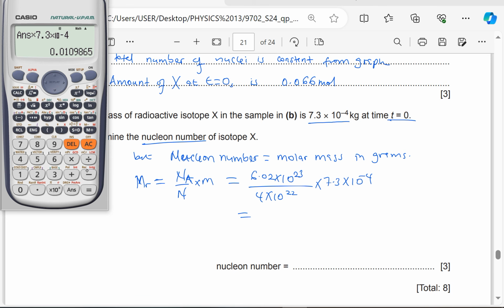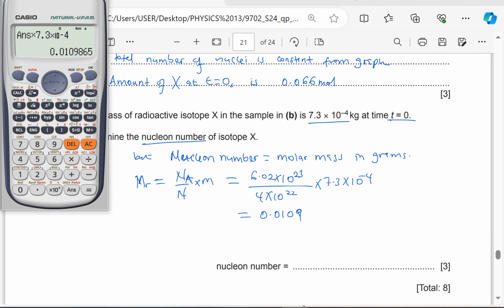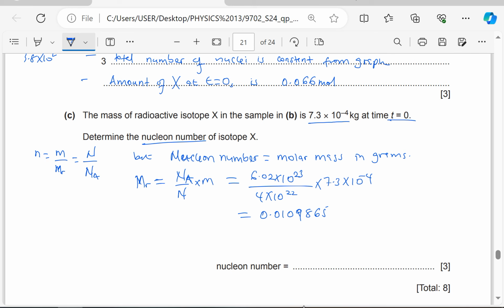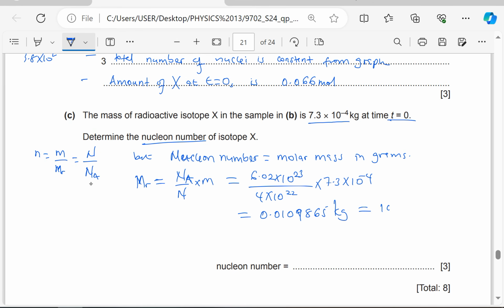So this is 0.0109865 in kilograms, which is the same as, I'll multiply this by 1,000 to change it to grams, 10.9865 grams, which is approximately 11. So the answer is going to be 11.